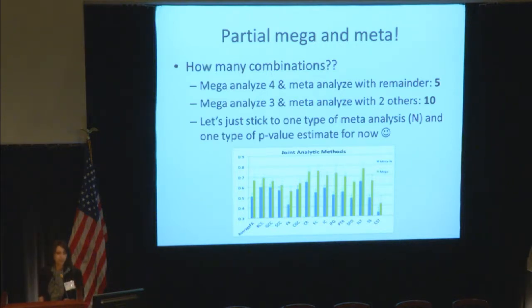If you want to mega-analyze part of your data, but you have a couple of other data sets that you don't have access to, what happens if you mega-analyze some and meta-analyze with the others? So we broke this up a bit. There are 5 different ways we could combine 4 using mega-analysis and meta-analyze the other one. And to remove more from the mega-analysis, we tried it with 3 and then meta-analyzed the other 2, with another 10 combinations.